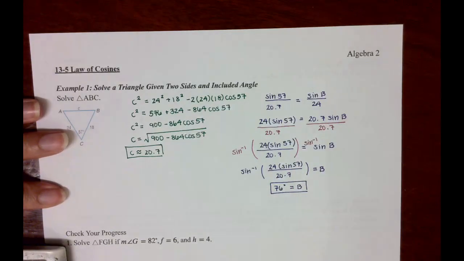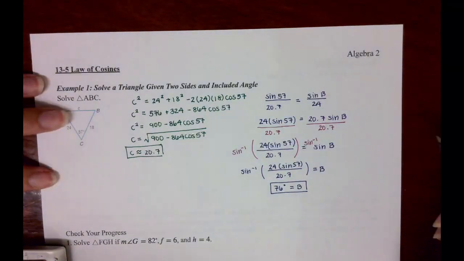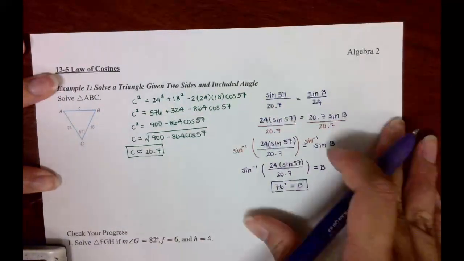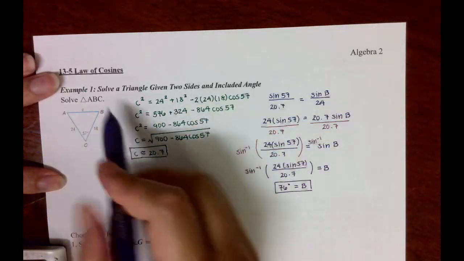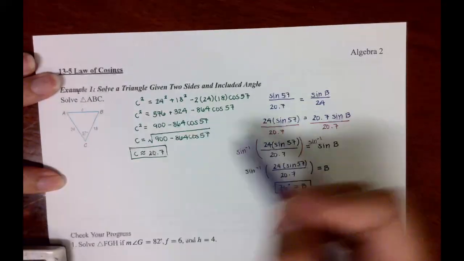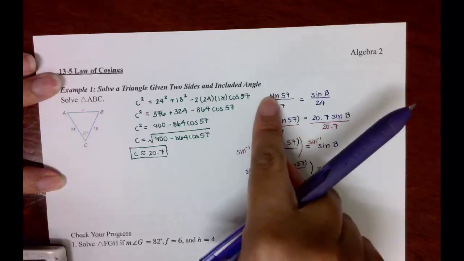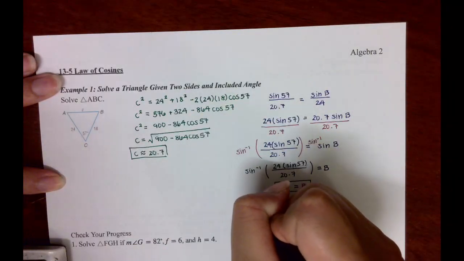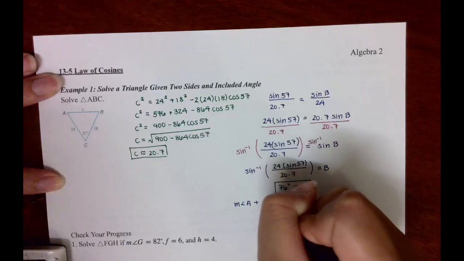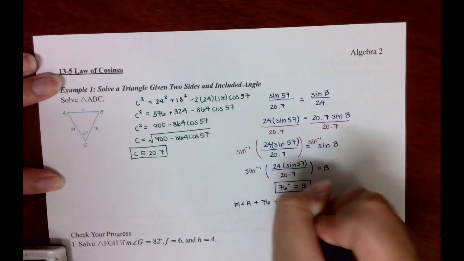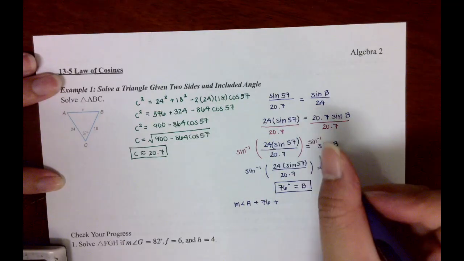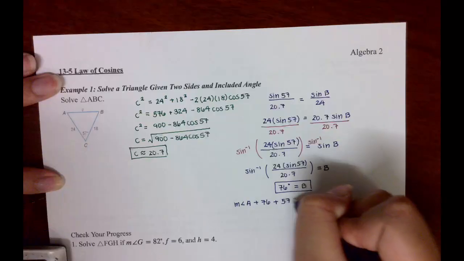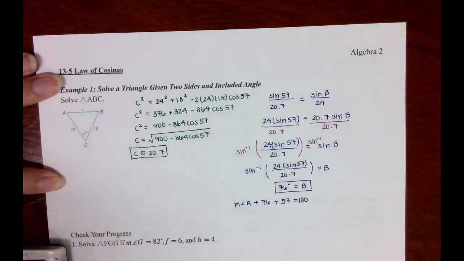Okay. And then after that, now I'm going to solve for A. Since I already have B, I don't have to do the whole thing. I can use law of sines if I want, I can use law of cosines, but since I have two of the angles for a triangle already, they add up to 180. So angle A plus angle B, which is 76, plus angle C, which is 57, should add up to 180.